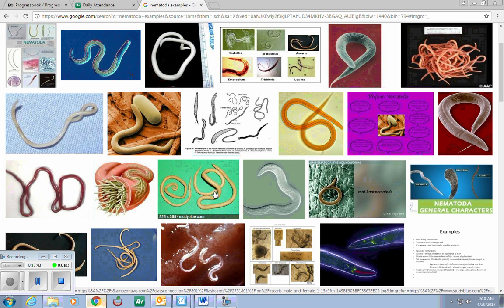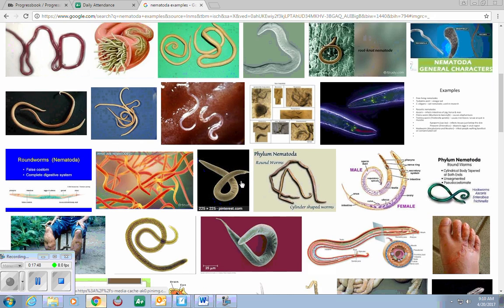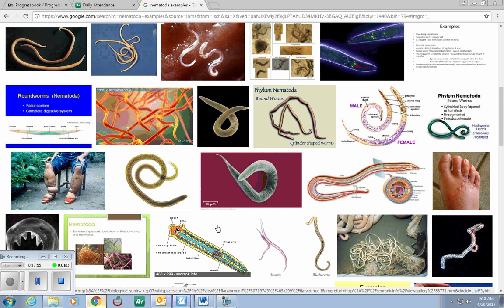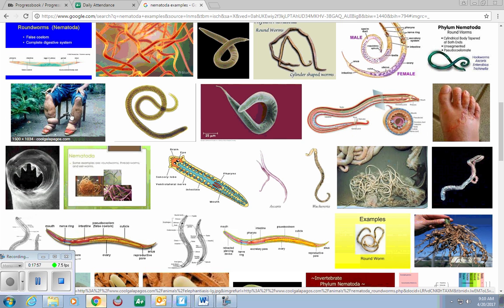So you can pretty much tell what their life's all about. You have some of the worms that can enter into your body right here. Some of the nematodes are responsible for causing some of the things like this elephantiasis.